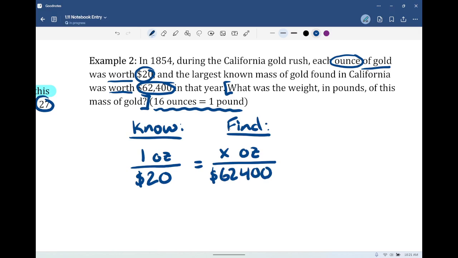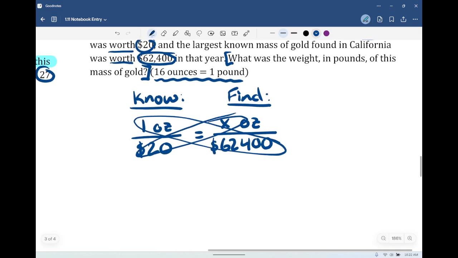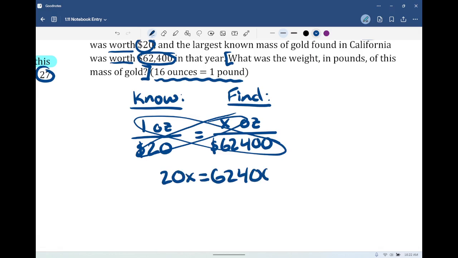Now, again, I have ounces in my numerators, and I have dollars in my denominators. My units line up left to right. From here, we're going to cross multiply. Our approach hasn't really changed. And so, we're going to have 20x is equal to 62,400.